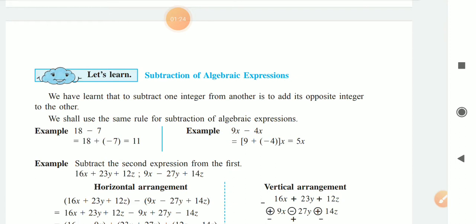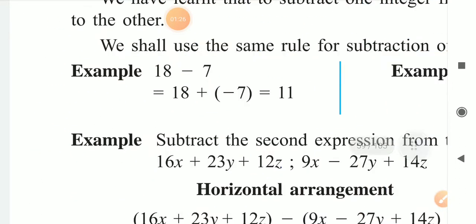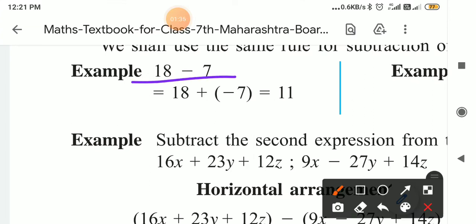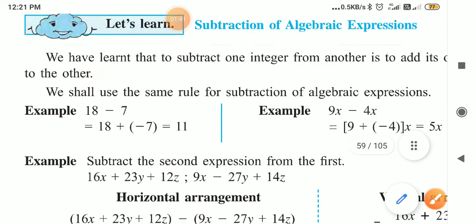Here you know that 18 minus 7 you can do easily. Bigger number minus smaller number, so 18 minus 7 is equal to 11, with the sign of the bigger number. This is the simple way.